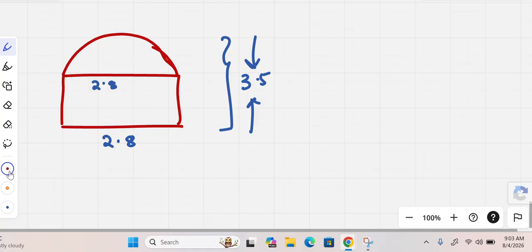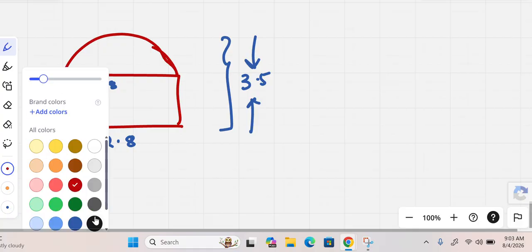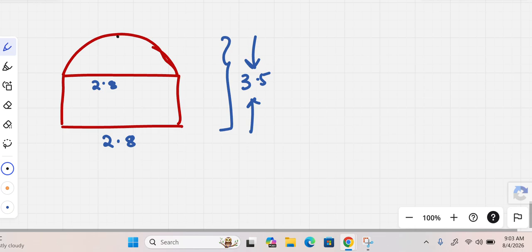Kids, how much is the radius? 2.8 by 2, so 1.4, right? All this we get when we draw the diagram. It becomes easy then. Now, what are they asking? Find the radius. So A is done, 1.4. Correct.